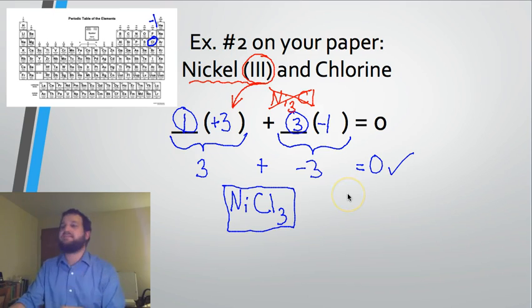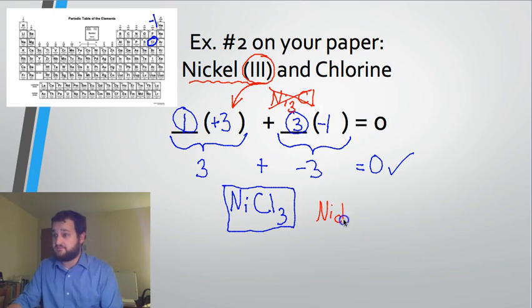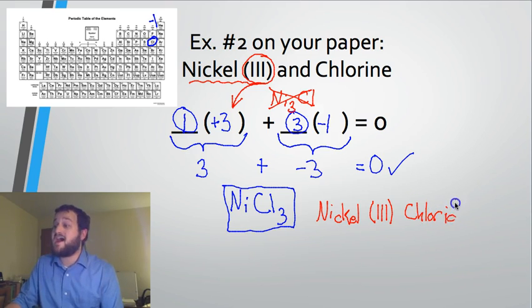Now, all we've done so far is write out the actual formula. The name is just like we did the binary formulas from before. But this time, we need to include that 3. So I'm going to write this out. Nickel, and I'm going to include my parentheses, 3, chloride.